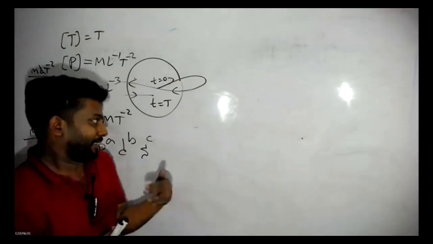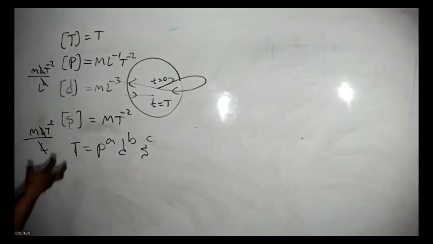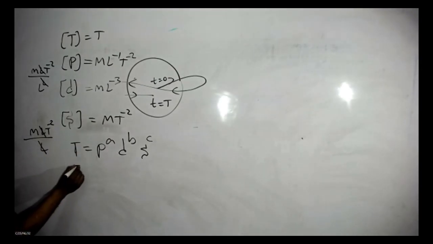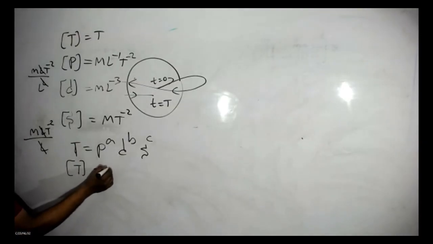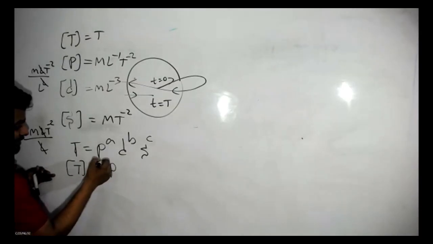So let's see. If this equation is correct, the dimensions at both sides should be equal.